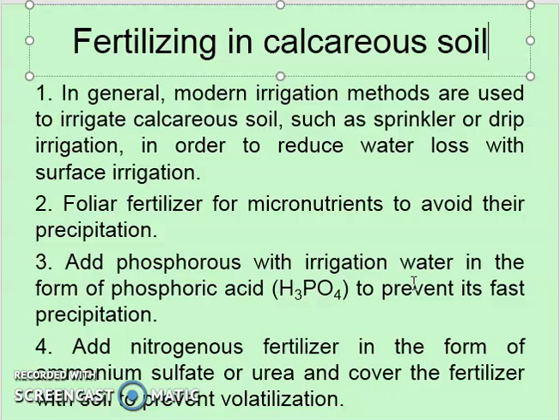Although these two types will produce ammonium, which may be volatilized in the form of ammonia, it is preferred to use these two fertilizers and cover them if added with soil, to prevent volatilization.